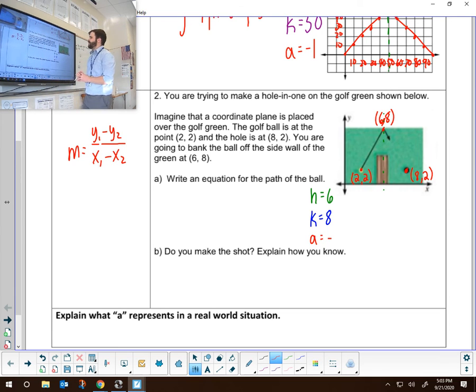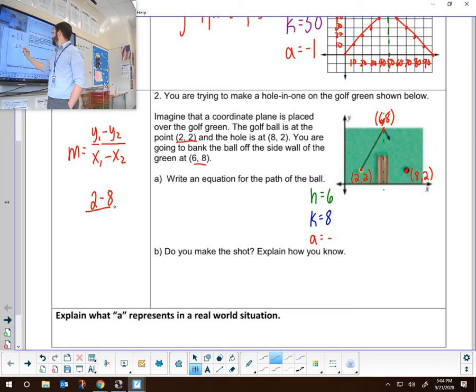So there you go. There's our y1 minus y2 over x1 minus x2. So we're going to take our 2 points. I'm going to take (2, 2), and I'm going to take this point, (6, 8), to find what angle, what slope we are at.